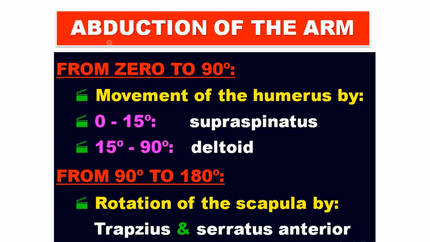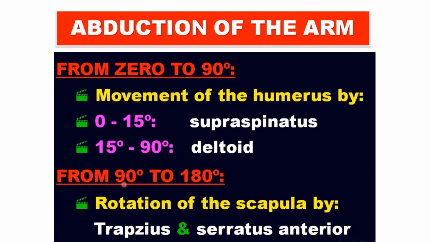Again, for the abduction of the arm, it's in various degrees, from 0 to 90 degrees, and then from 90 degrees to 180 degrees. Okay, so from 0 to 90 degrees is orchestrated by two muscles: the supraspinatus muscle, which moves the arm from 0 to 15 degrees, and then the deltoid muscle, which moves the arm from 15 degrees to 90 degrees.